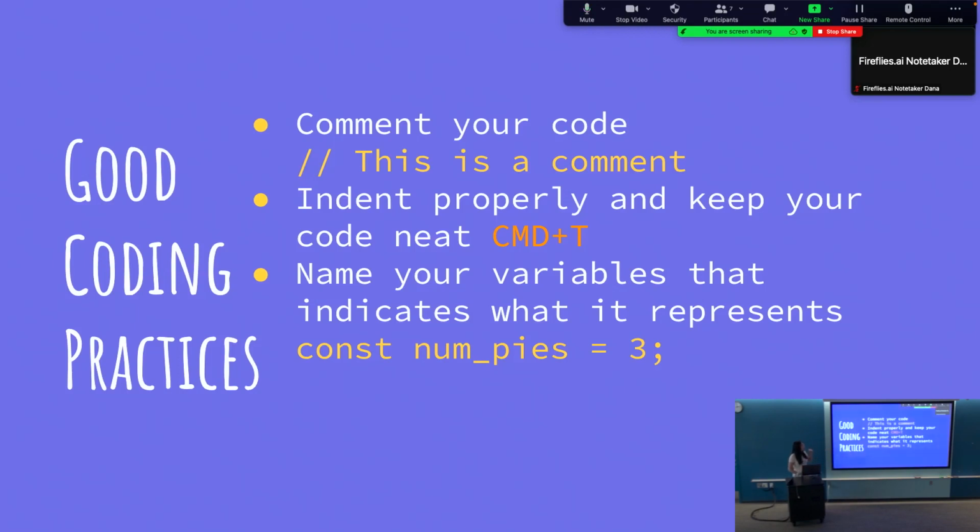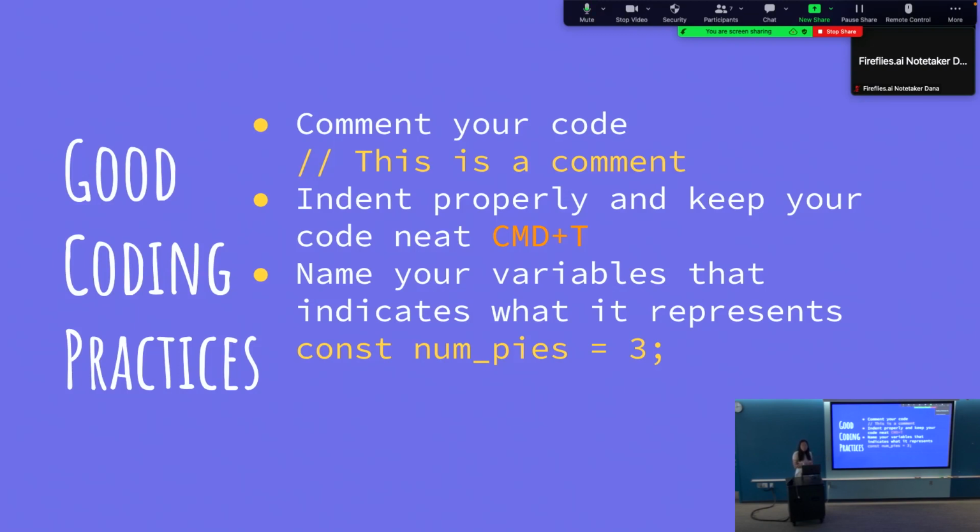I'm going to be using these backslashes to denote a comment in our code. Indentation is important, so you're going to want to keep your code neat. We're going to be using a web editor, so I'm unsure if this key command is going to work, but maybe it will. And the next thing that's really important is naming your variables in a way that indicates what they represent.